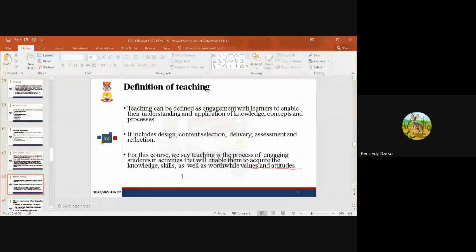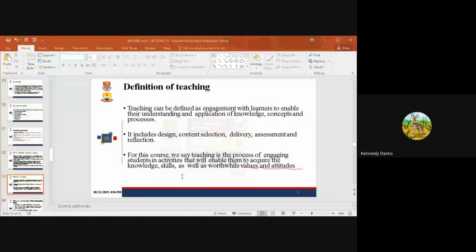So in simple terms, what is teaching? Here we say that it can be defined as an engagement with learners to enable the understanding and application of knowledge, concepts, and processes.